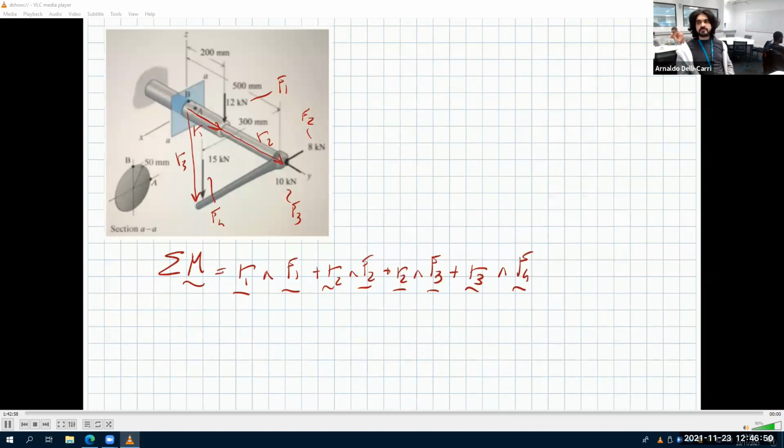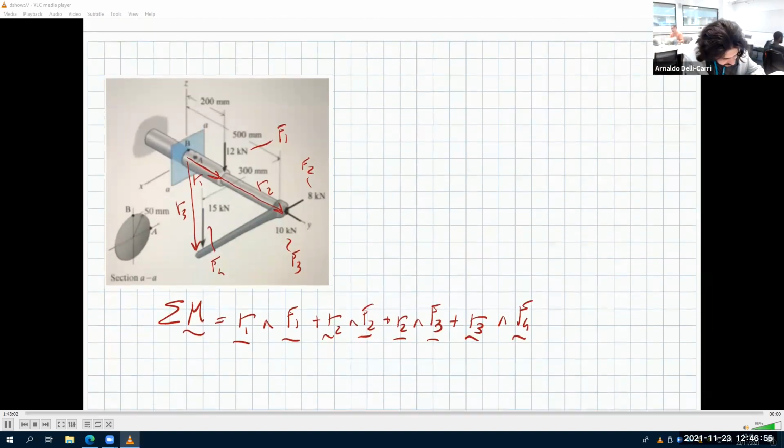Okay. And then you just have to find an expression for R1. This is the y-axis, this is the x-axis, and this is the z-axis. So R1 is completely along y, so it's 200j.